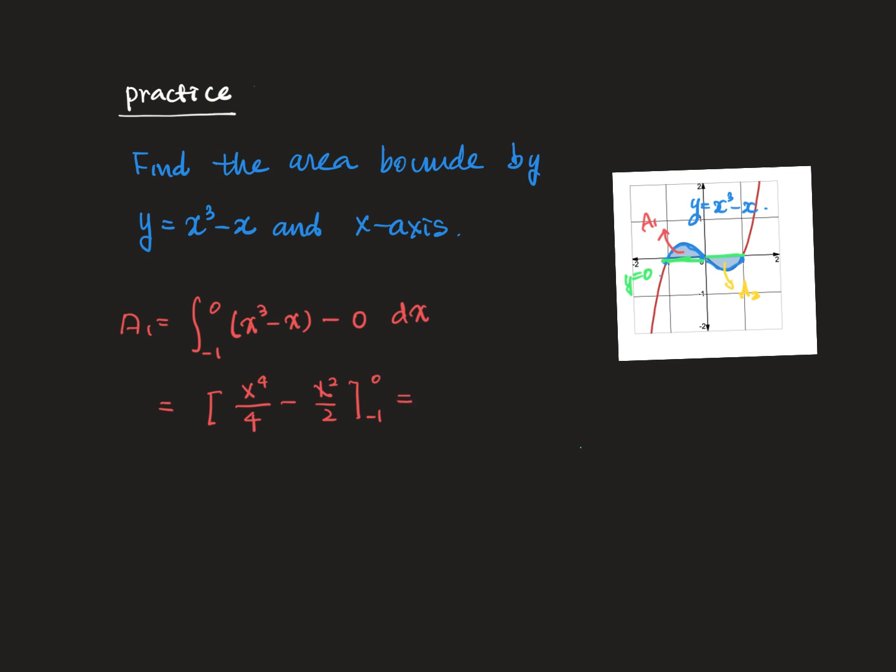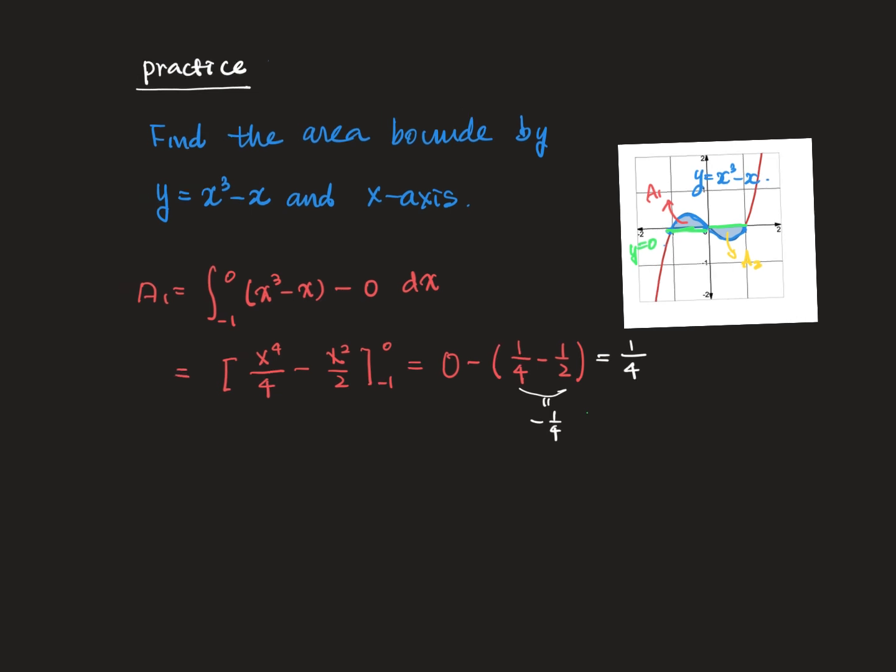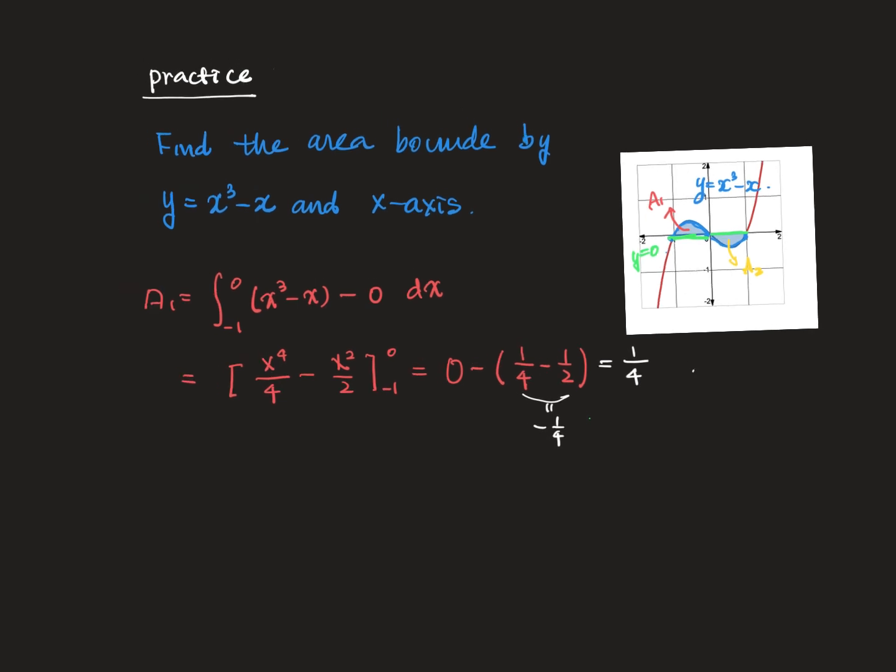Plug in the 0: 0, minus, plug in negative 1: the fourth power is 1, so 1 over 4 minus 1 over 2. So this is negative 1 over 4. The answer is 1 over 4. If you get a negative, you did something wrong. Area is always positive.